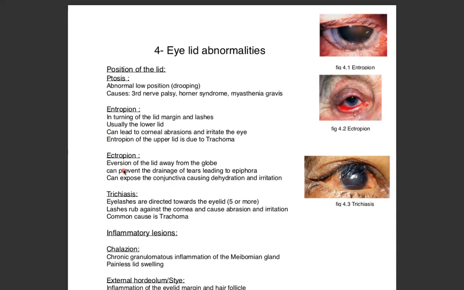الectropion إن الليد يكون طالع لبرا. It can cause some problems like preventing the drainage of tears, so it can cause teary eyes, or it can expose the conjunctiva to dehydration and irritation. So برضه بيكون في red conjunctiva.